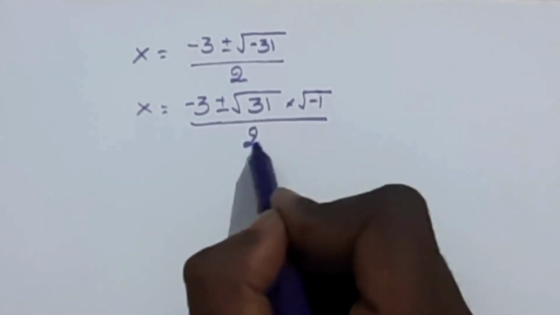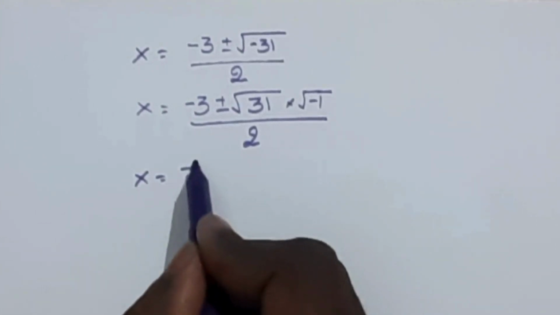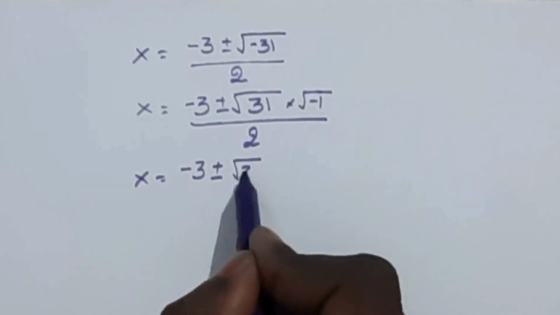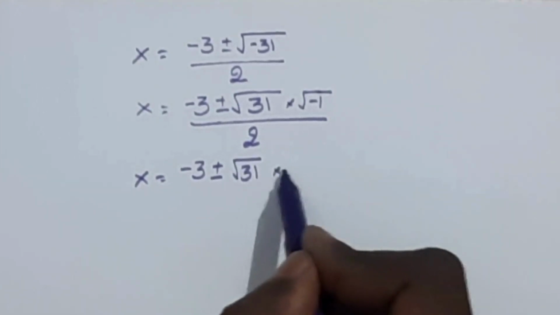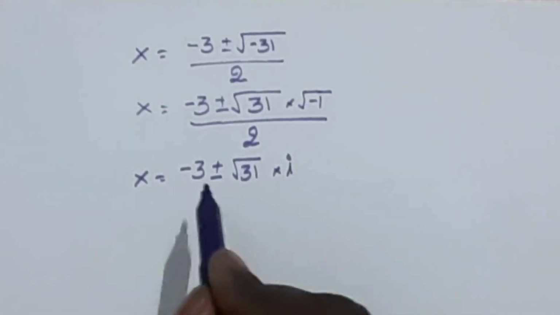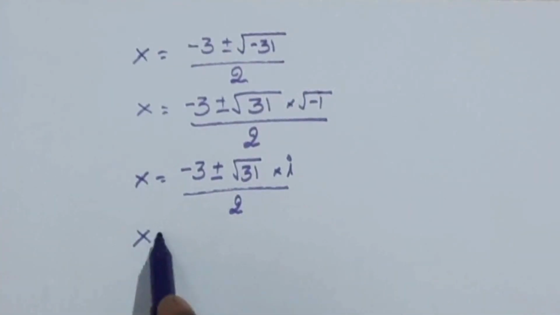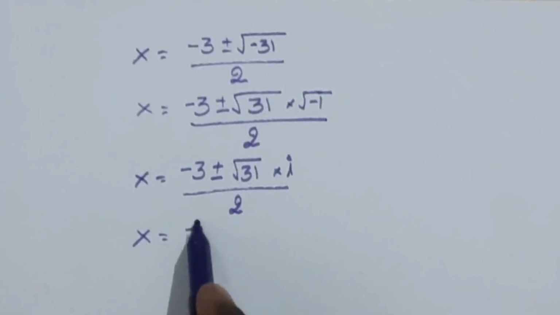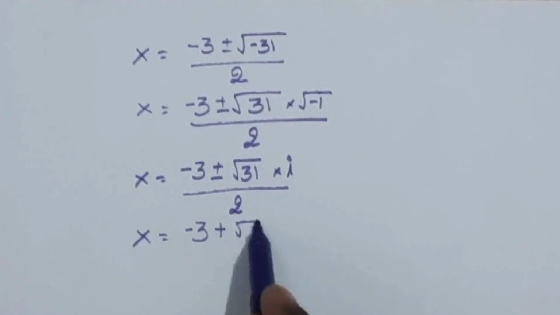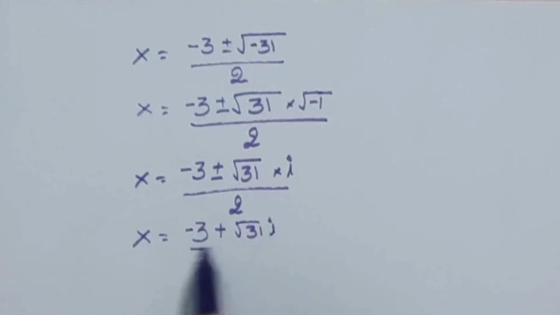Now x = (-3 ± square root of 31 into i) / 2. This square root of -1 is i. x = (-3 + square root of 31 i) / 2.